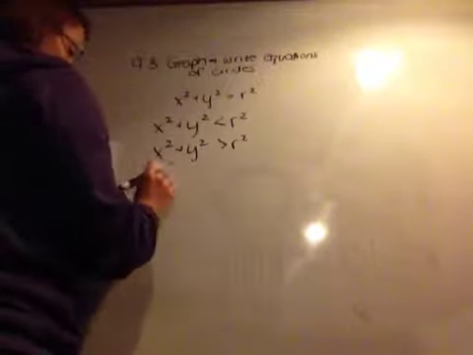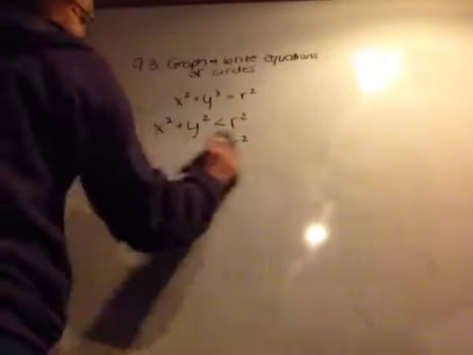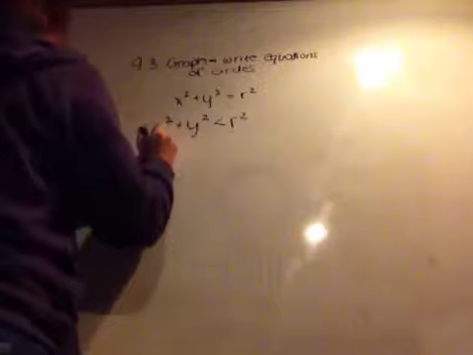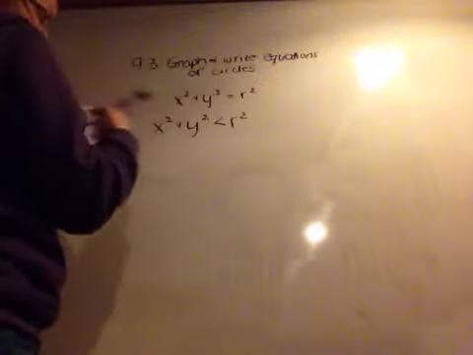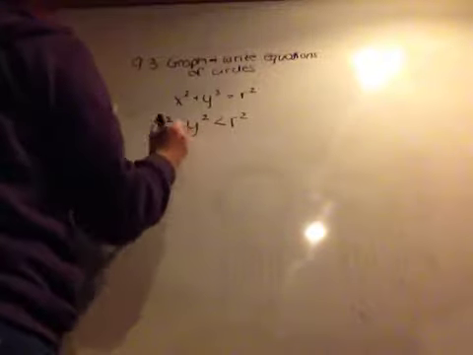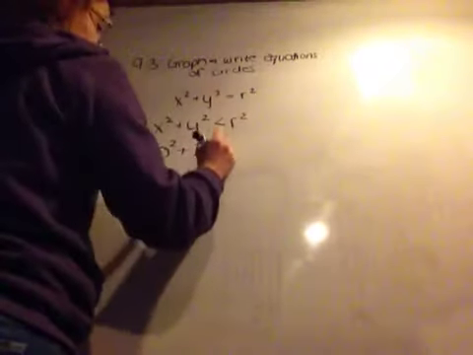So we're going to use x squared plus y squared less than r squared, because we want to know if it's inside there. We're going to plug in our x and y. Since 10 miles is west, east and west is your x coordinate, your horizontal distance. And 24 miles south, that's your vertical distance.